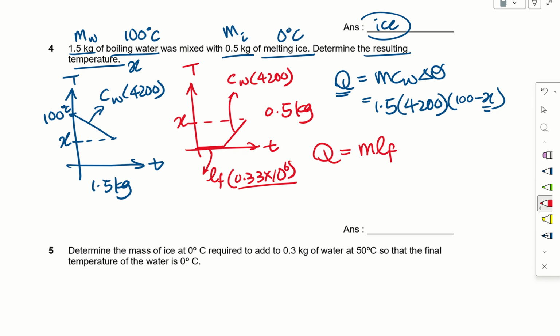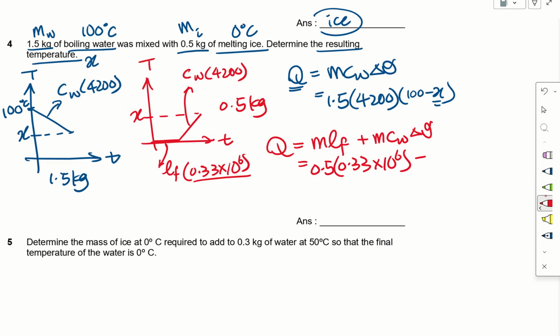After all the ice has melted, the water will increase in temperature, right? So I'll get m c_w change in theta. So let us put in the mass of ice multiplied by the specific latent heat of fusion, plus the mass of water resulting from all the ice that has melted, multiplied by specific heat capacity, and again we have X minus 0.